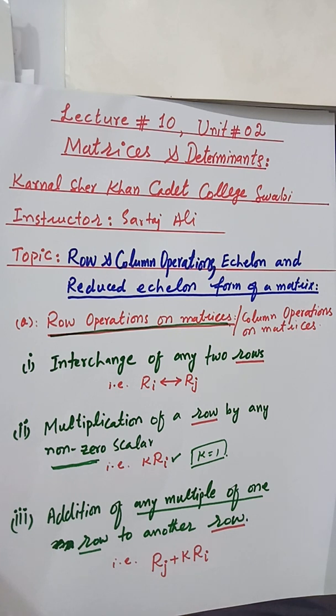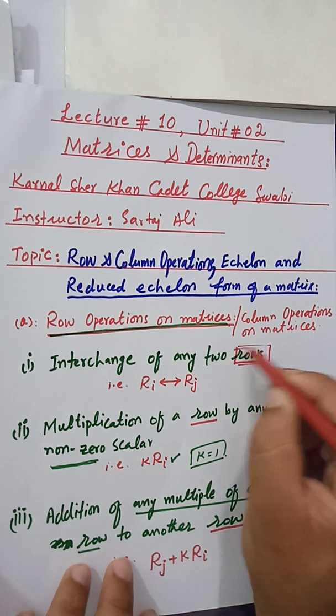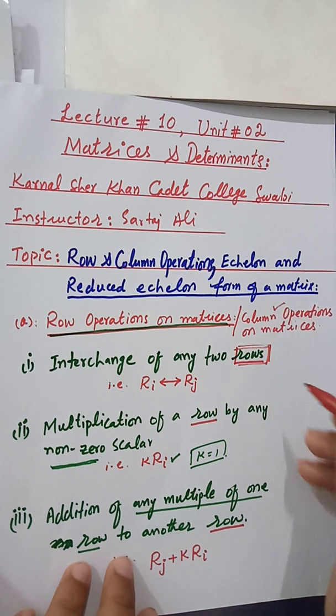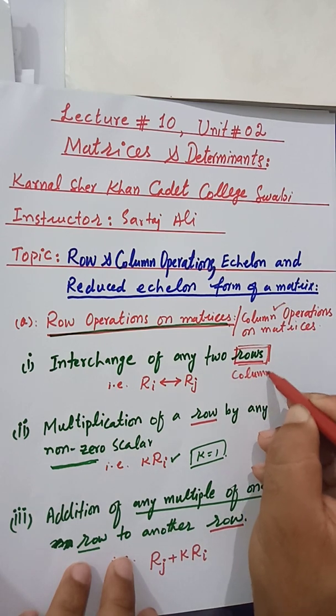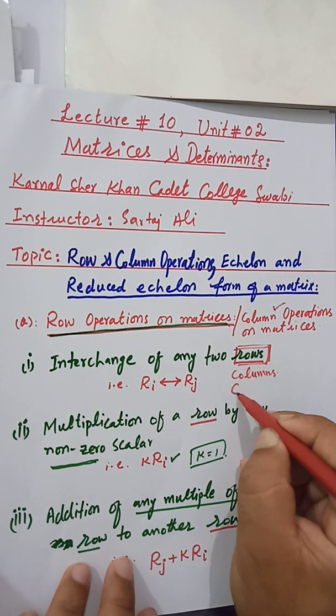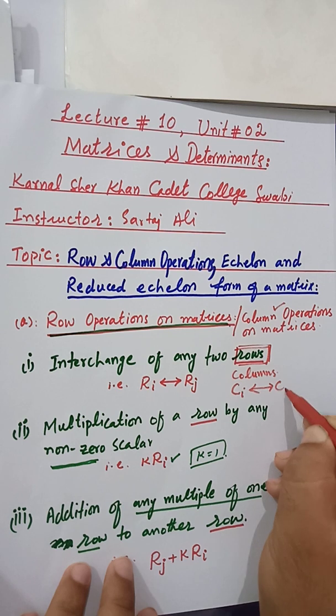Okay, now for the column operations, you just need to replace row by column. Now I am discussing the column operations. So for columns, you can interchange any two columns, and the symbolic representation for that will be this.